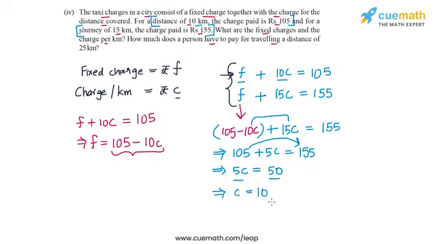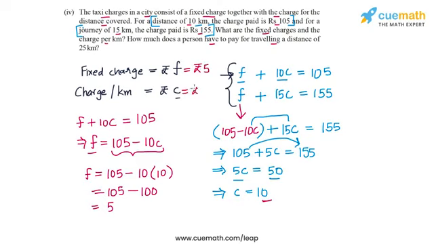And from c equal to 10, I can now find the value of f. So f will be equal to 105 minus 10c, or 10 into 10. So this is 105 minus 100, which is equal to 5. So f is equal to 5 and c is equal to 10. The fixed charge is equal to rupees 5 and the charge per kilometer is equal to rupees 10.